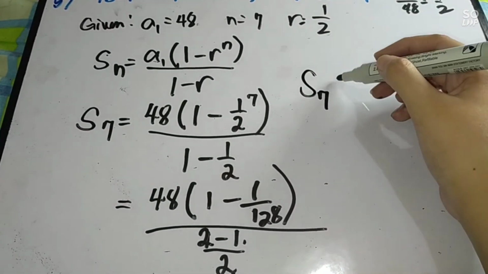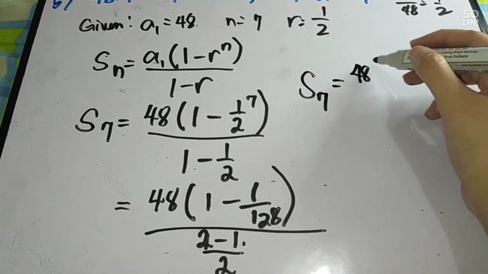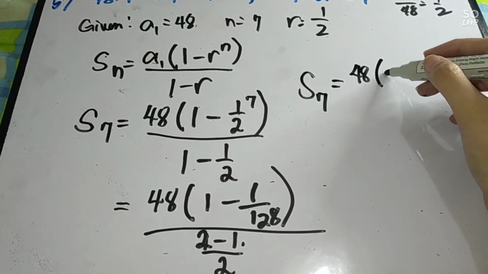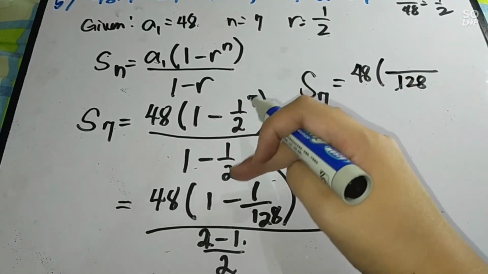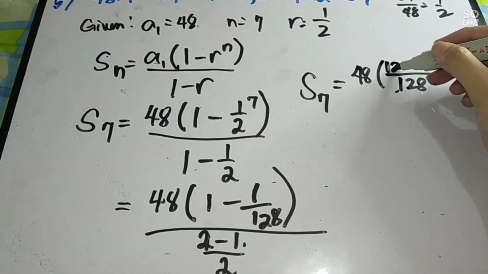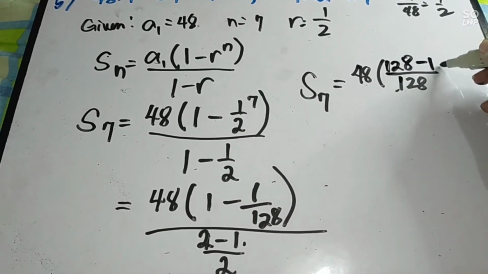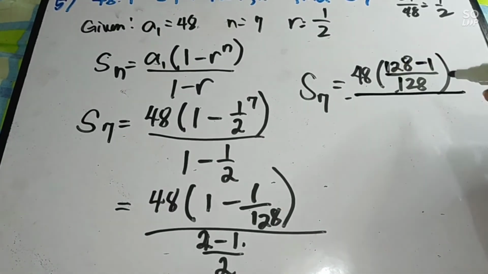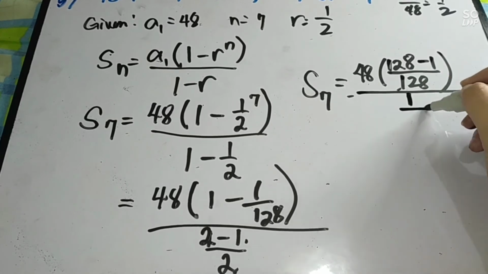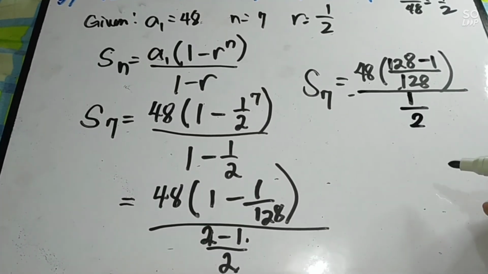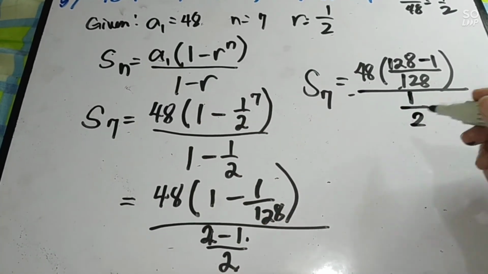S sub 7 is equal to, just write 48 multiplied by LCD ulit, that is 128. So, 128 times 1, that is 128 minus 1. Then, over. Ito ay 2 minus 1 is 1 over 2. That's 1/2. Kasi 1 minus 1/2 is 1/2.